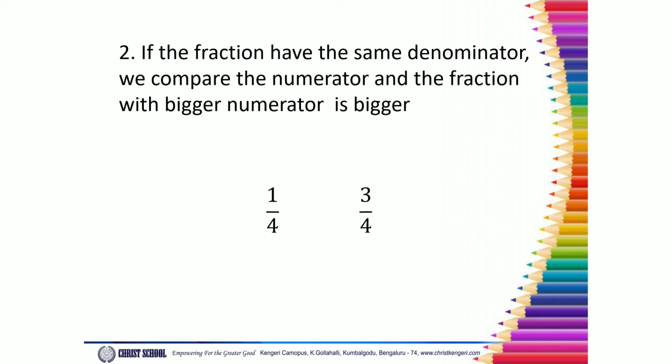In both these fractions, the denominator is same, 4 in the first one and the second fraction also 4. So we need to compare the numerator. The bigger numerator here is 3. So 3/4 is the bigger fraction.